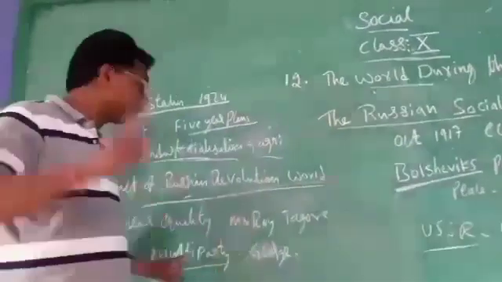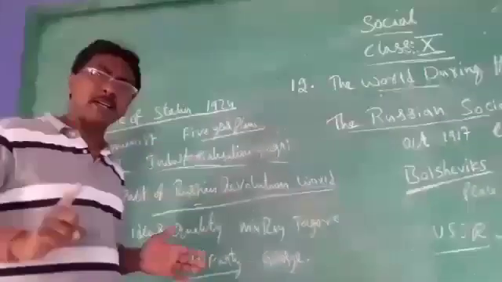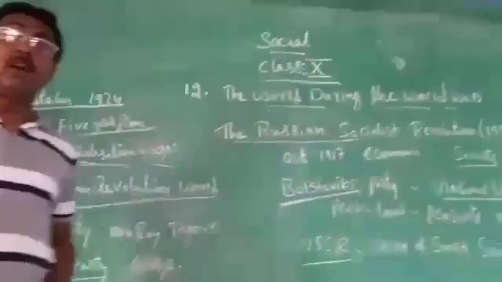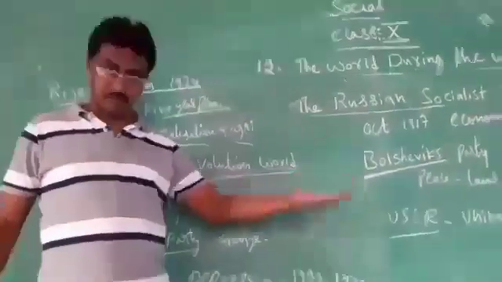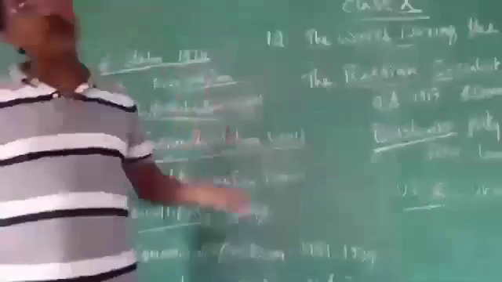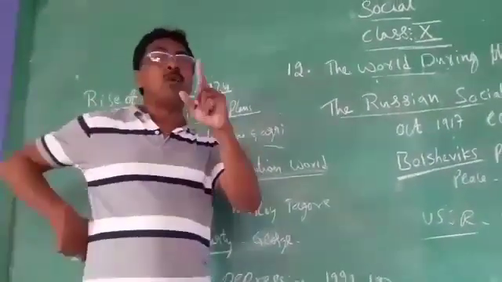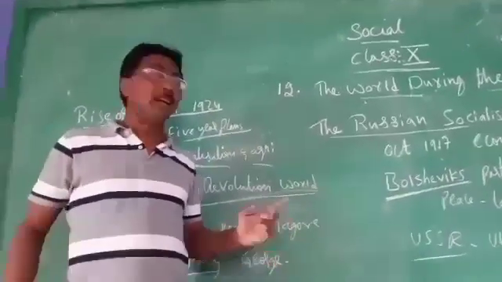But in Russia there is only one party, the Labour Party, which is Lenin's party. From 1917 up to 2020, only the Labour Party has been coming. Multi-party is not there. Only a single party is ruling in Russia.